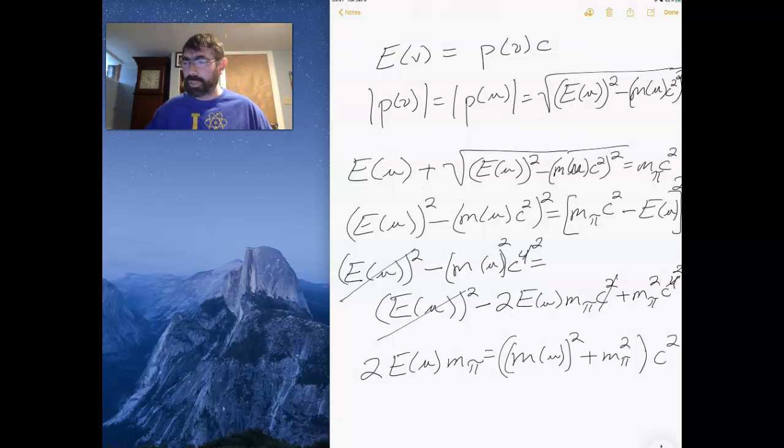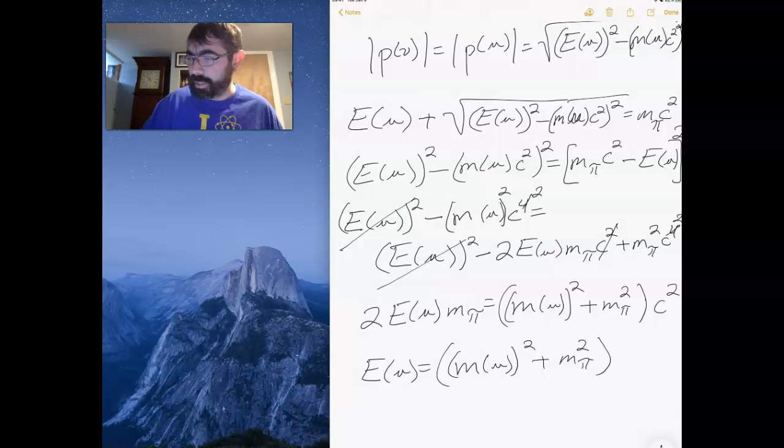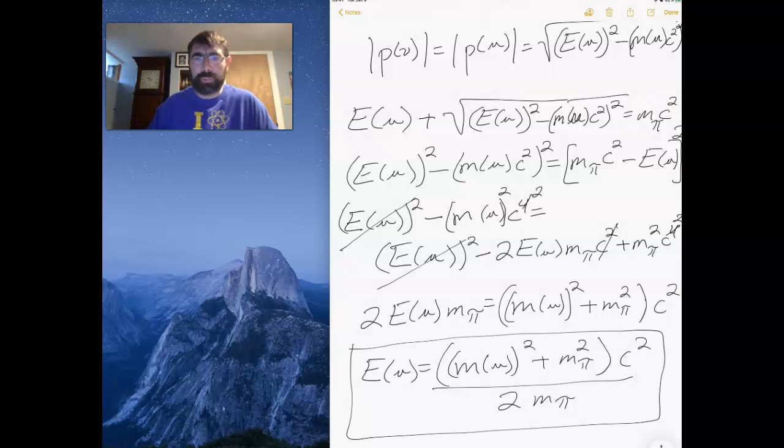So I factored out the c squared, and so now if I divide by the mass of the pion, the energy of the muon should be equal to now the mass of the muon squared plus the mass of the pion squared times c squared divided by 2 times the mass of the pion. So since I know the masses of the muon and the pion, because I've measured them from previous experiments, I can now calculate exactly what the energy of the muon should be in the case where the pion decays at rest.